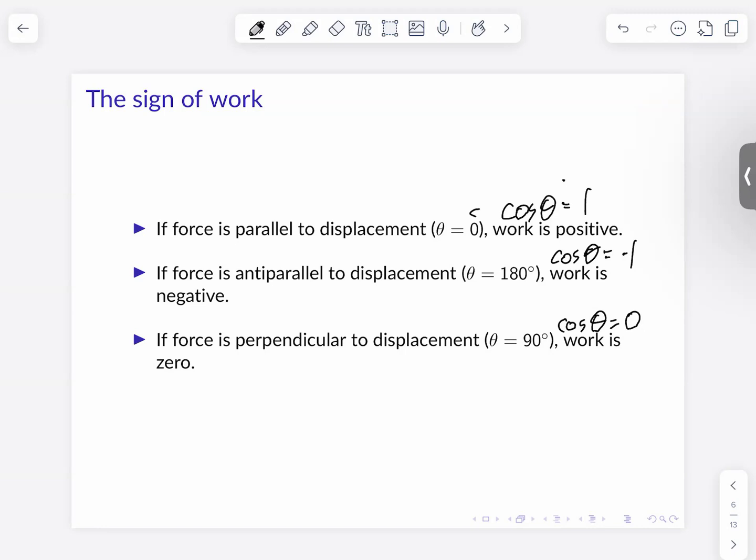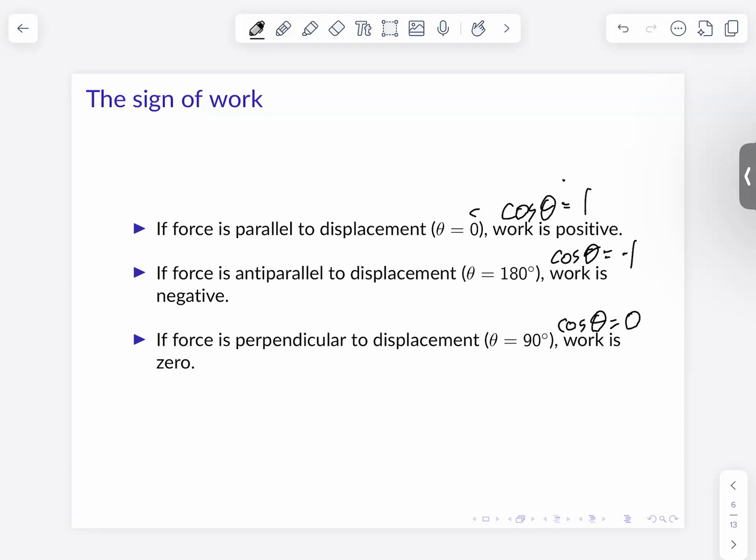And there's a way to cheat, which I encourage you to do. Think about this for half a second. If a force is pushing me in the direction of motion, it's giving me energy, right? That's the first case. Force is parallel to the displacement. It's helping me. It's trying to speed me up, for instance, give me more kinetic energy. So if the force is parallel, work is positive, energy is going up.